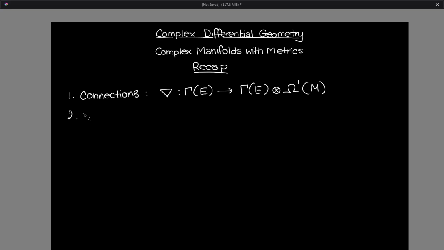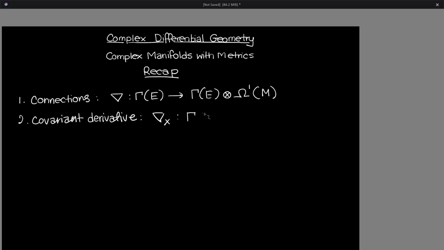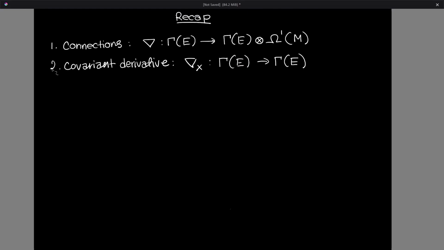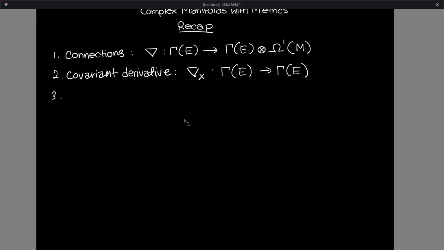We defined the covariant derivative, which ate that omega 1 m using a vector field, and we denoted nabla x, and this was a map gamma E to gamma E. And then number 3, we looked at some properties. Not going to go over that. Basically, it was to say that, yes, it does indeed act like a directional derivative.